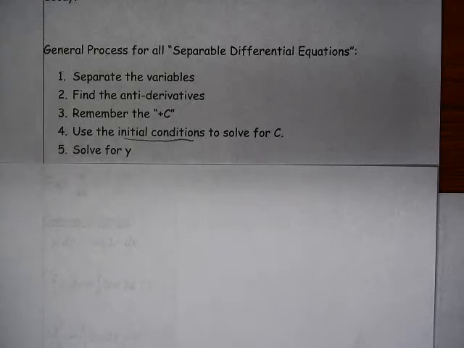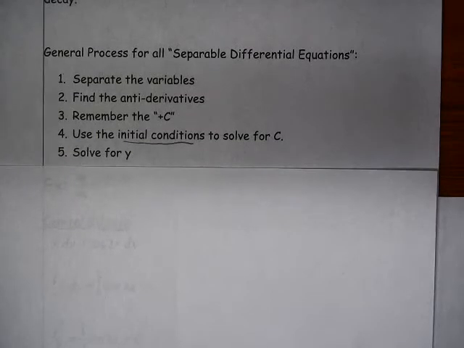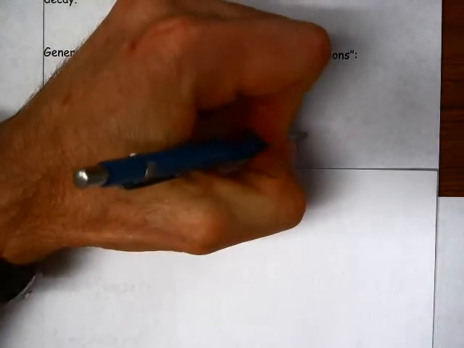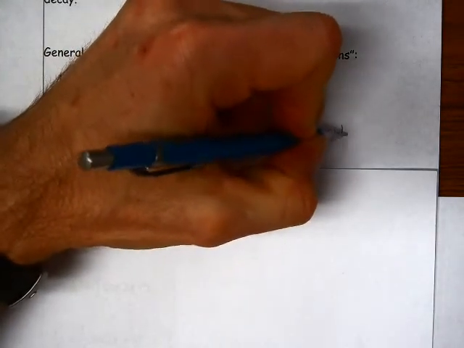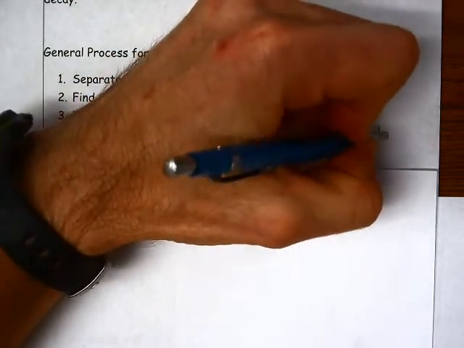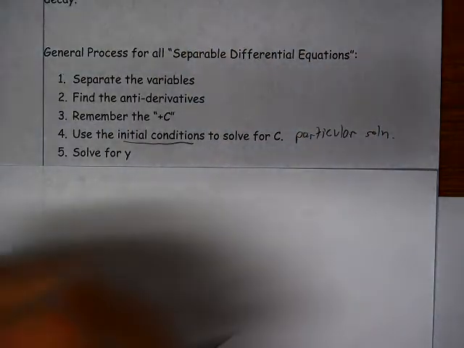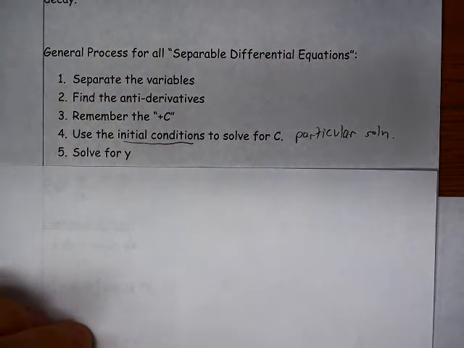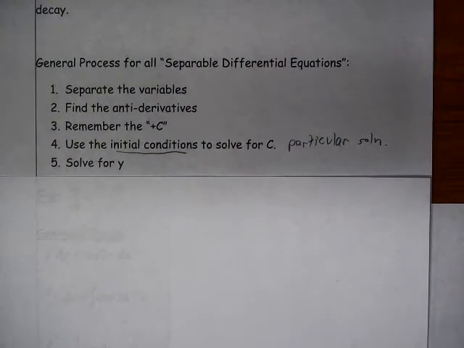So if we're given initial conditions, then we will be asked to find the particular solution. And when we're asked to find the particular solution, all that means is we actually want to find the value for c.